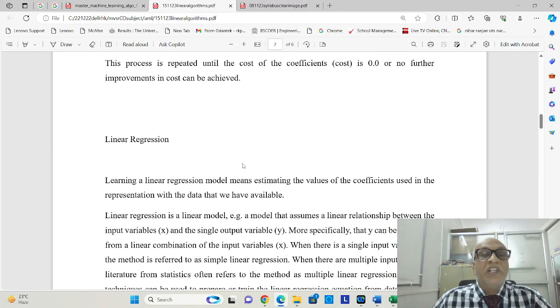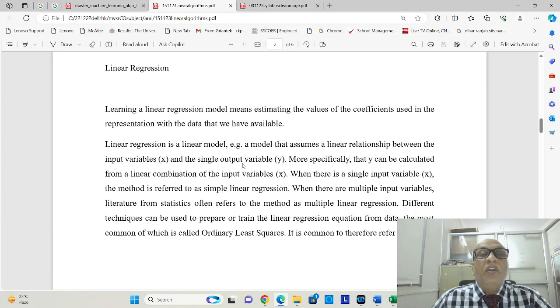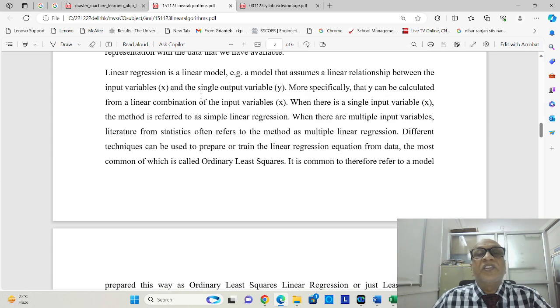Now coming to our linear regression, we know that when I speak about learning a linear regression model, it means what? Estimating the values of the coefficient. Linear regression, the word itself tells us that it's a linear model. It assumes a relationship between input variable x and output variable y.